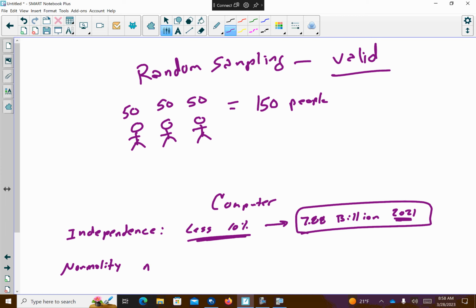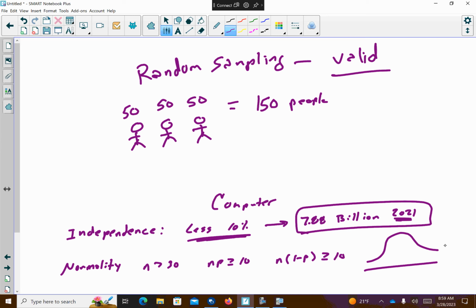Did I have a sample greater than 30? If I had percentages, did I have these two characteristics take place? Did all of this type of stuff take place? If that took place, that's going to allow the central limit to take place. That's going to allow us to say, hey, this creates a normal distribution.